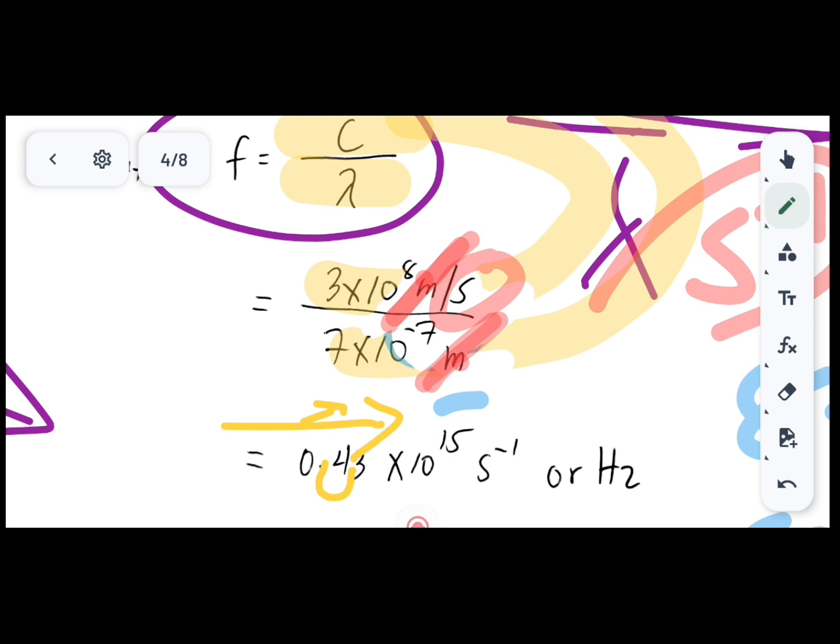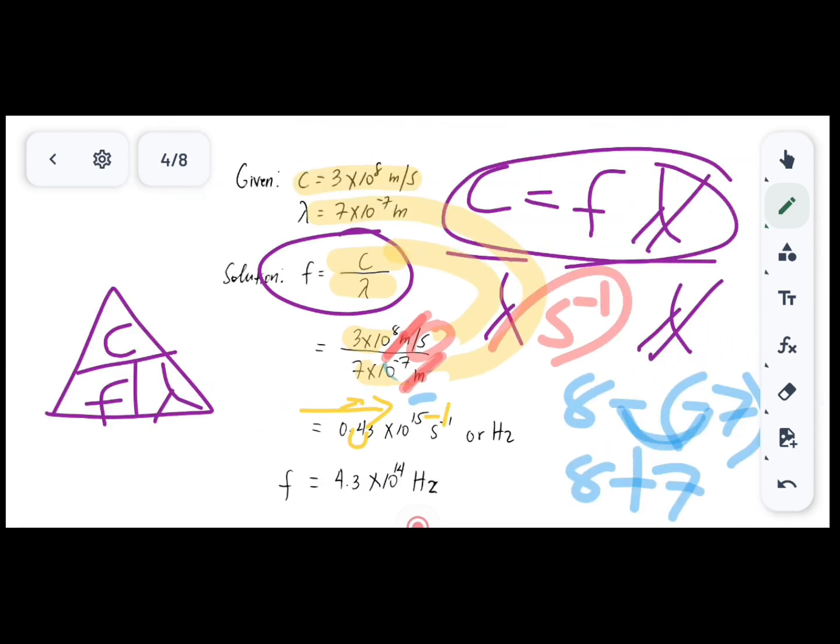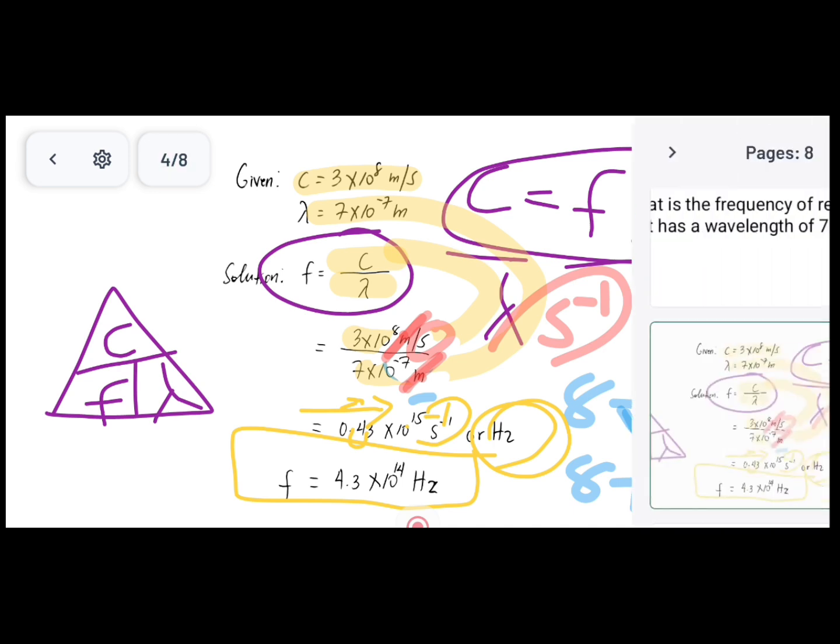So 1 movement, which means 15 minus 1, and therefore you will have 4.3, since the decimal has been moved between the 4 and 3, times 10 raised to 14. 15 minus 1 is 14, and the hertz unit. S to the negative 1 is correct as well, but hertz is the standard. They have the same value. You can use s negative 1 if you want. And the final answer is that the frequency is 4.3 times 10 raised to 14 hertz.